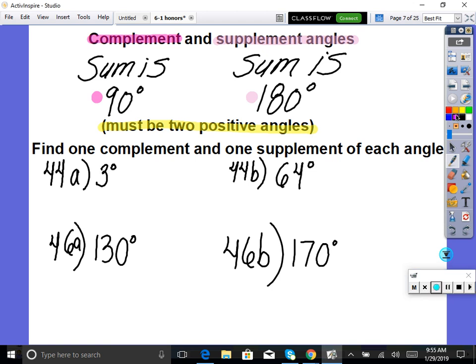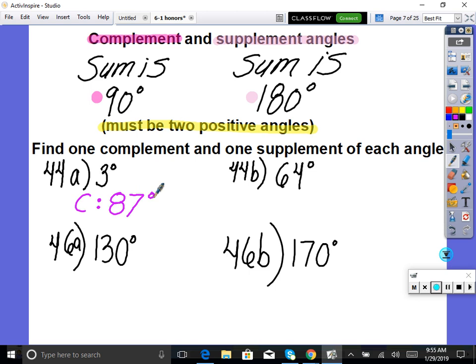So let's just look. These are just the evens on the homework, but they're really straightforward, so you're not going to need to take notes. I mean, you probably want to write down this part. But for this part, you can probably just get a picture. So on 44A, it says find a complement and supplement of each angle if possible. So everybody, 3 degrees plus what equals 90 degrees? 87 degrees.